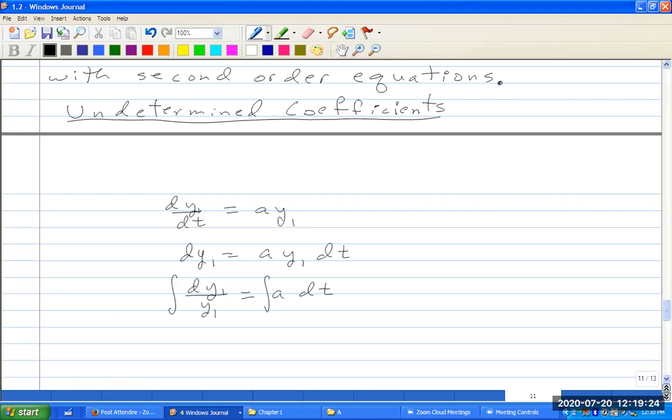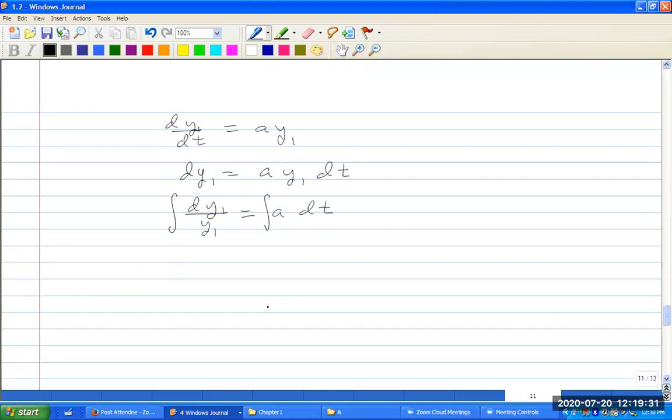And so I get that the integral of dy over y is just ln y, ln y1 equals at plus some constant c. Let's exponentiate both sides of my equation.